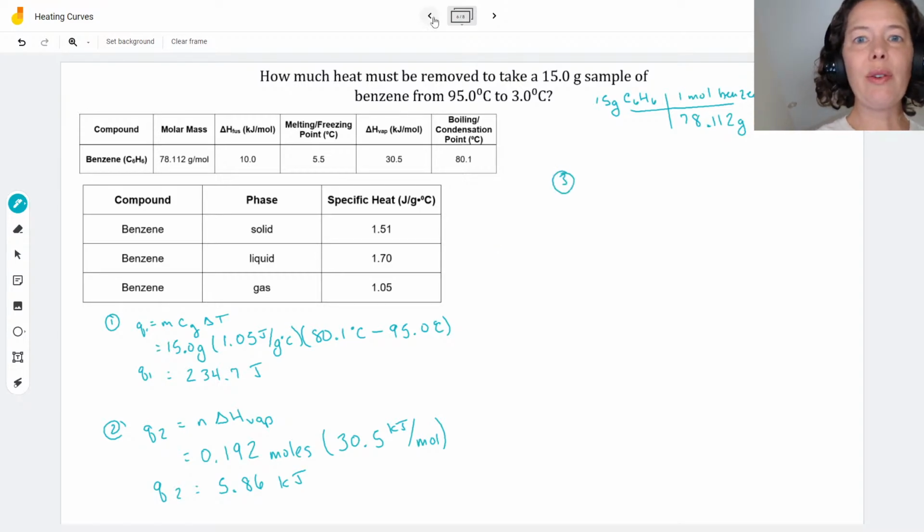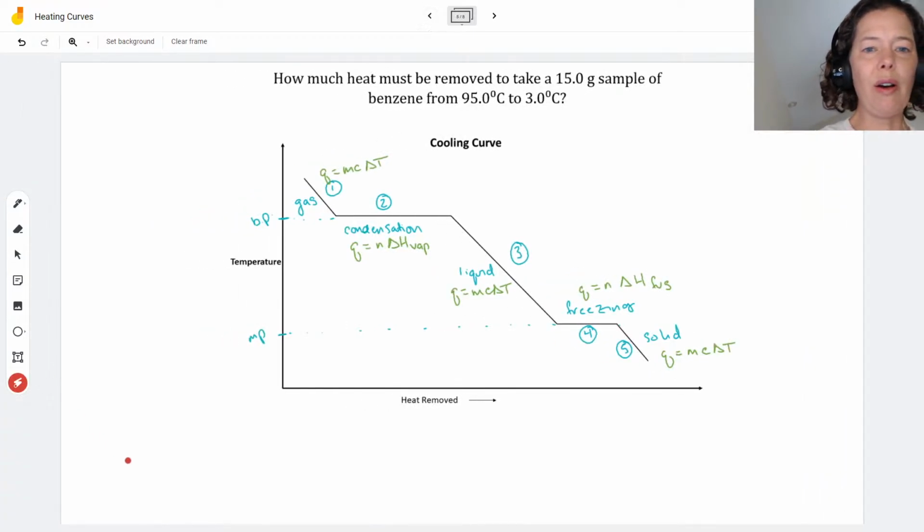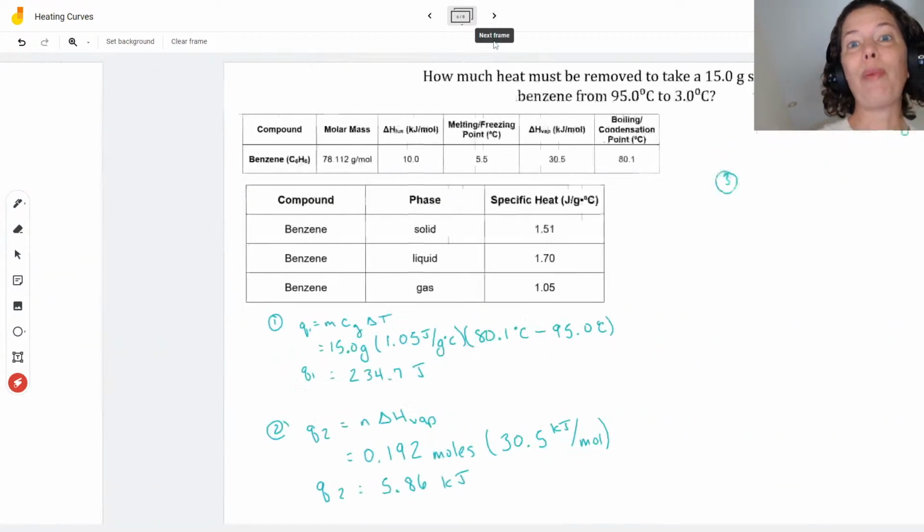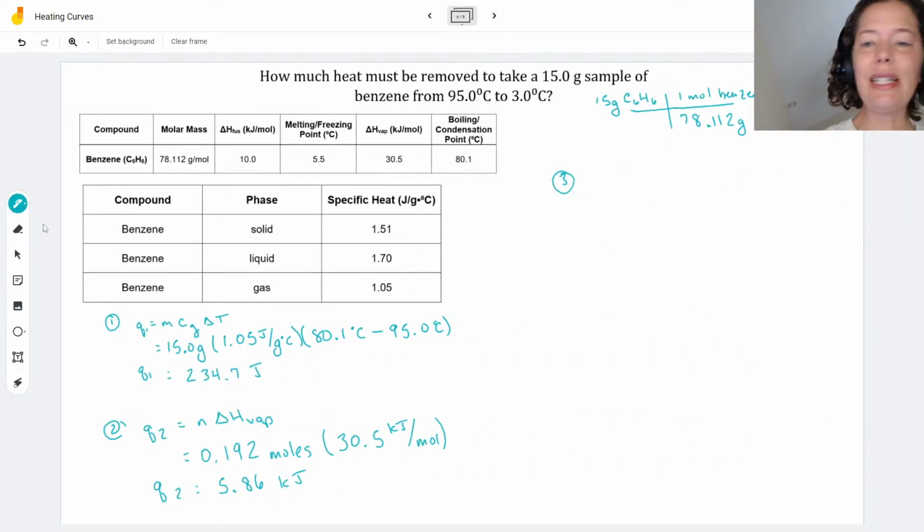Let's go back to our heating curve just so we know where we are. We took our hot gas, we brought it down to the condensation point, we condensed it into a liquid. So now we're going to take this liquid and come all the way down to the freezing point. So we're back to Q equals MC delta T, which is everybody's favorite.